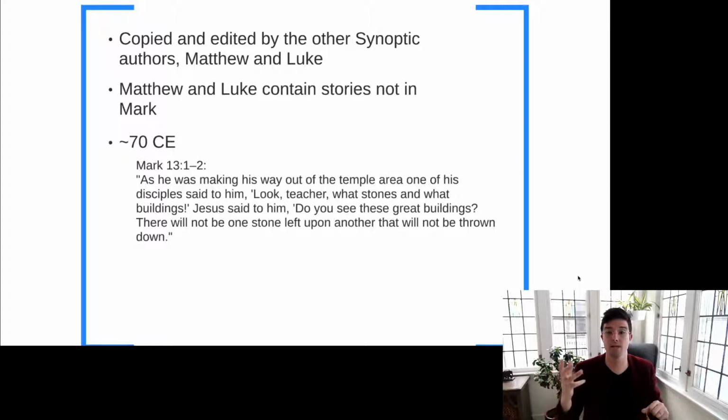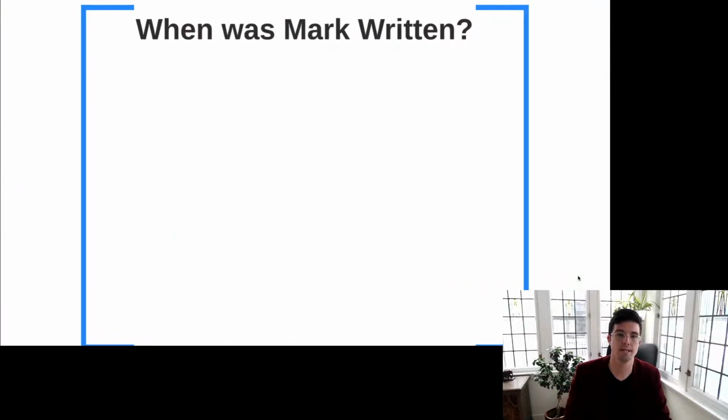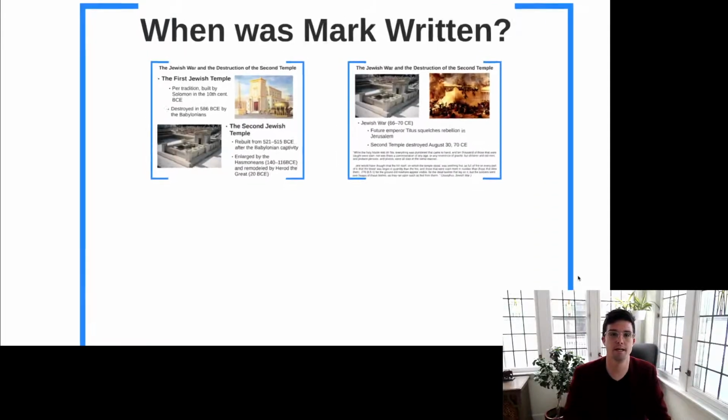And Jesus says, "Do you see these great buildings? There will not be one stone left upon another that will not be thrown down." So it is that particular saying, Jesus predicting the destruction of the temple that we talked about in that last video, that happened in the year 70 CE, by which the Gospel of Mark is dated.